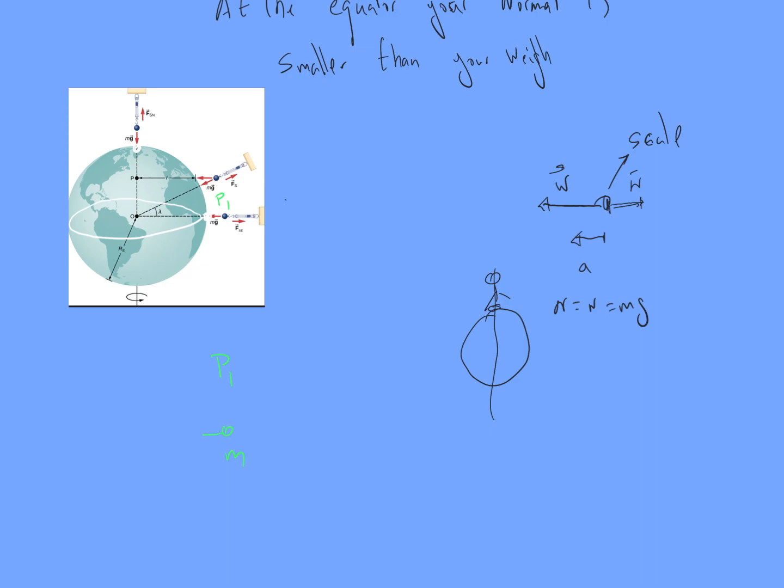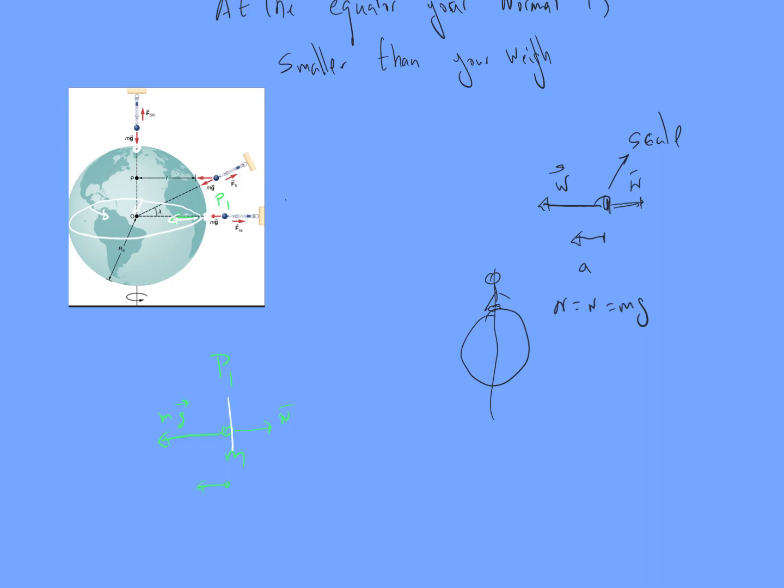The first force is the weight mg, going to the center. The other force is the surface of the Earth doing a normal force, going to the right. And the total force must produce an acceleration going to the center.